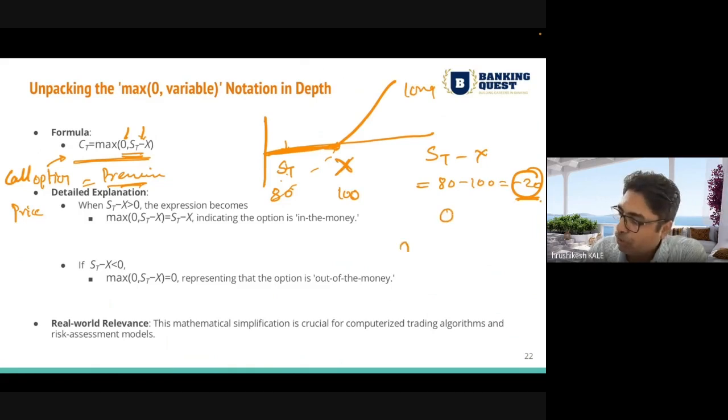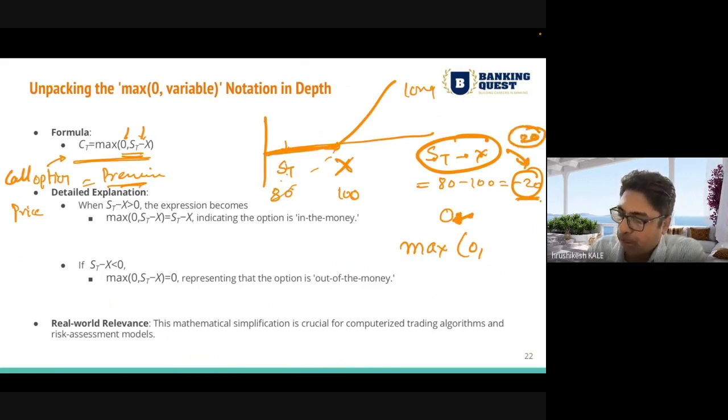And therefore, we are using the function max. Max of 0 comma ST minus X. So if ST minus X is negative, take the value 0. If ST minus X is positive, take that value. And therefore, we use the function max. Because we do not want it to go down. We want it to come and get fixed at 0.